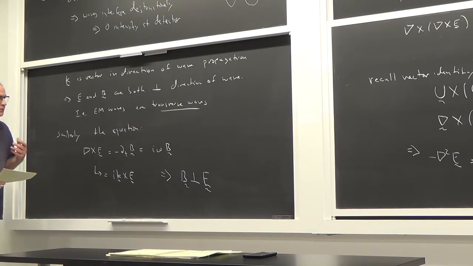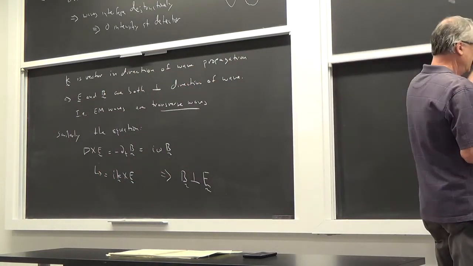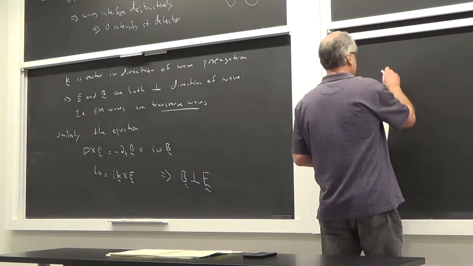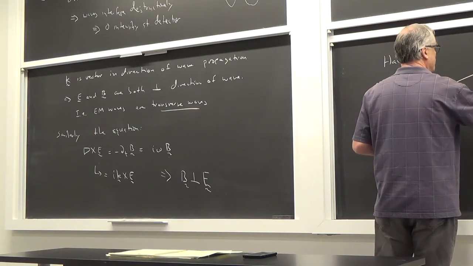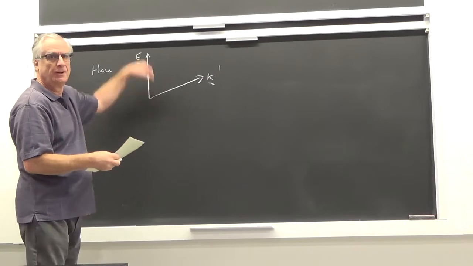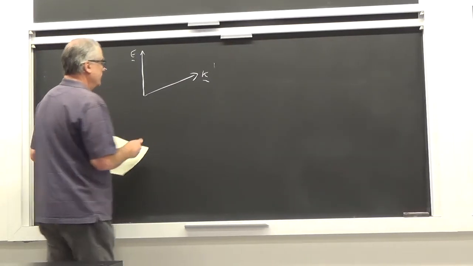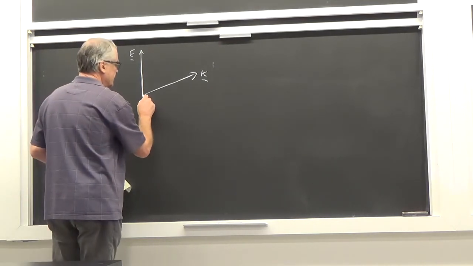So B and E are orthogonal to each other, and they're orthogonal to the direction of the wave. And so therefore we have something like this. The wave might be traveling in this direction. The electric field might be in this direction, so it's oscillating back and forth. And then by the right-hand rule, B is like k cross E, so B is like this.